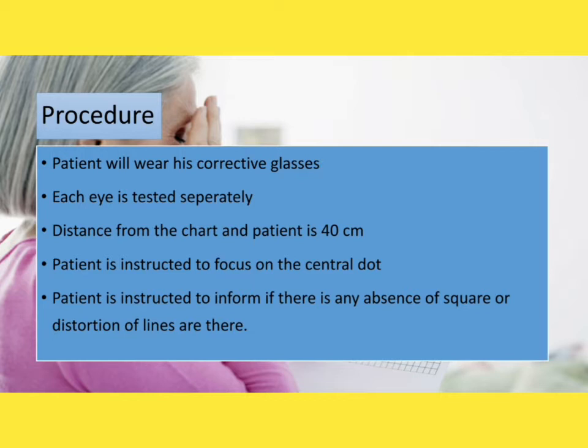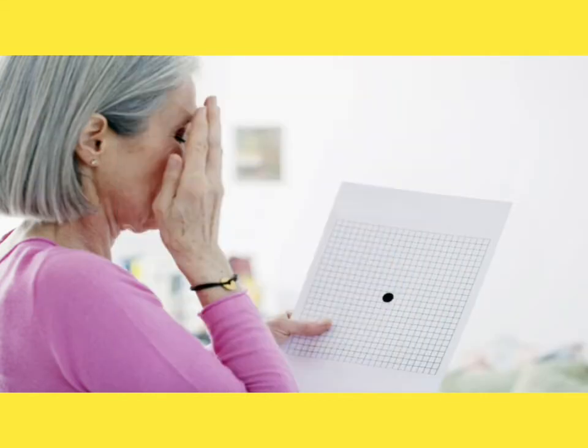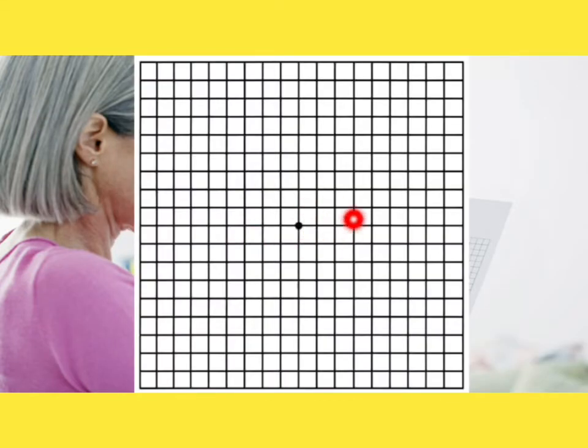So after giving the patient the Amsler grid card and occluding one eye, you will need to instruct the patient to look at the central dot, that the central dot is here. You also instruct the patient to inform you if there is any distortion of these lines, or any missing part, like from the corner or in the center, or any inward or outward deviation of these lines, like these lines are not straight, sometimes they become elevated like this.